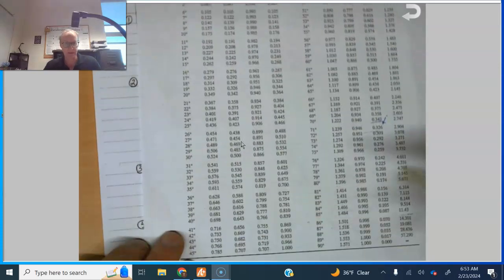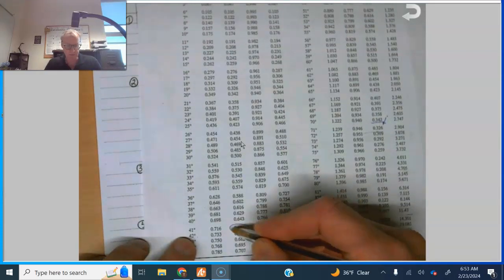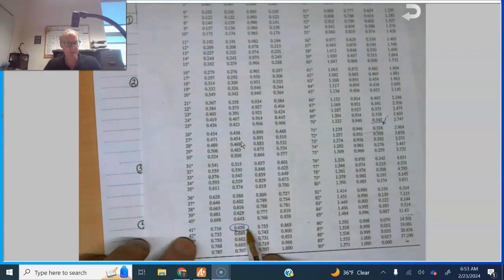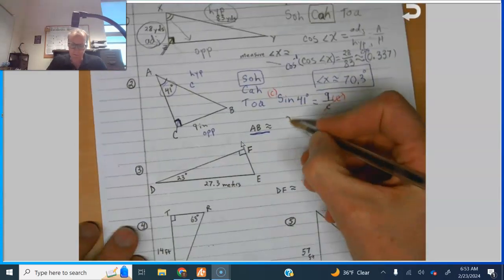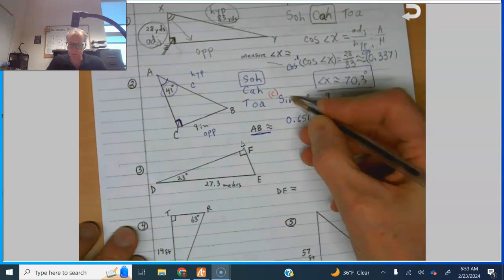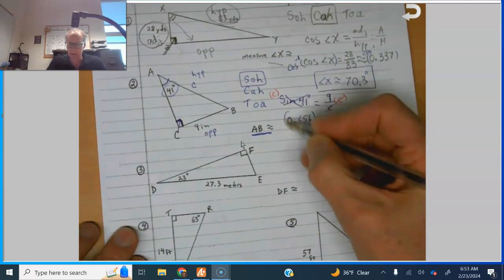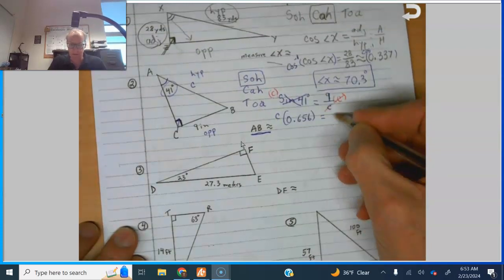Hopefully this shows up in my camera. And 41 degrees for sine is right there, 0.656. That's the approximate value. 0.656 is the sine of 41. I'm replacing that. Now it's still being multiplied by this c, and it's equal to 9.